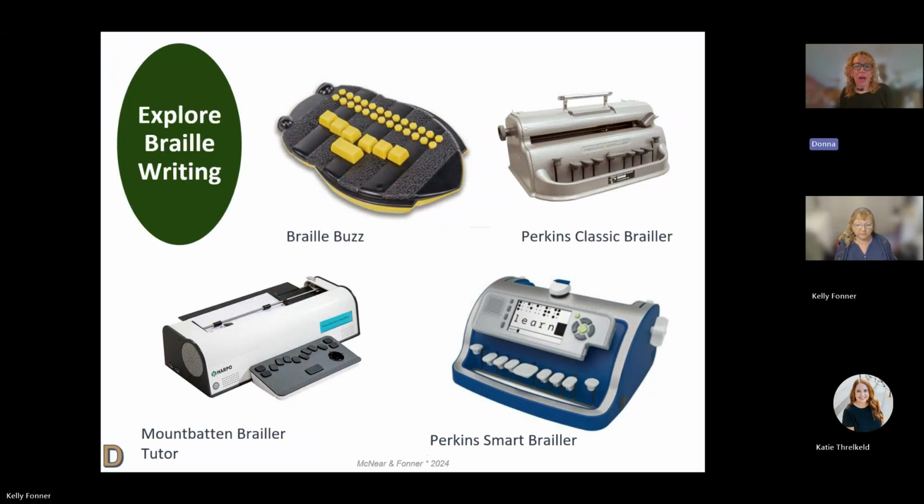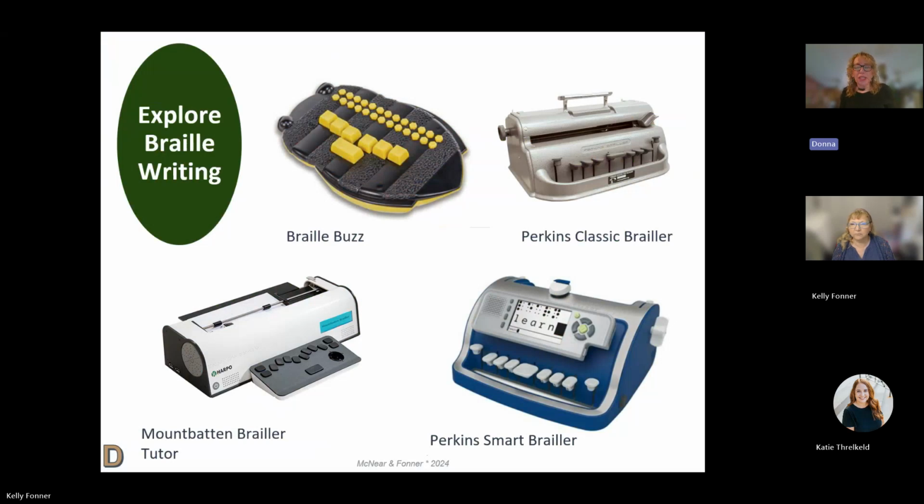So just a little bit about Braille writing, just so you have a reference. There are a variety of tools for writing and engaging with Braille. The first tool is called the Braille Buzz. That's from the American Printing House for the Blind. Then you have the Perkins Classic Brailler.